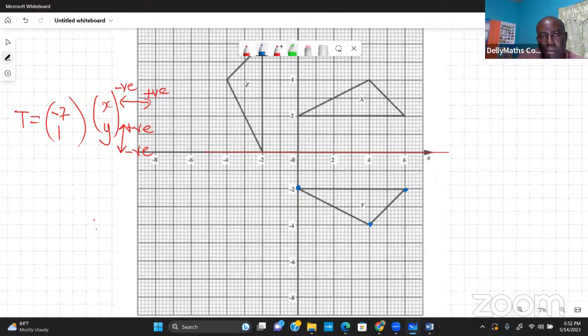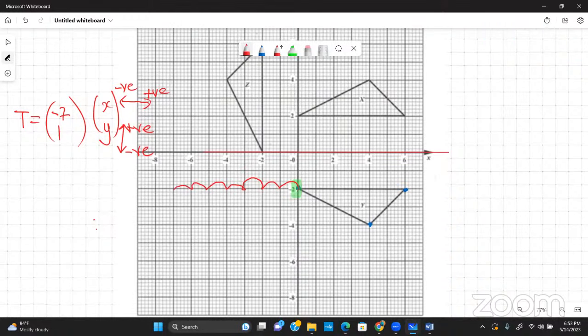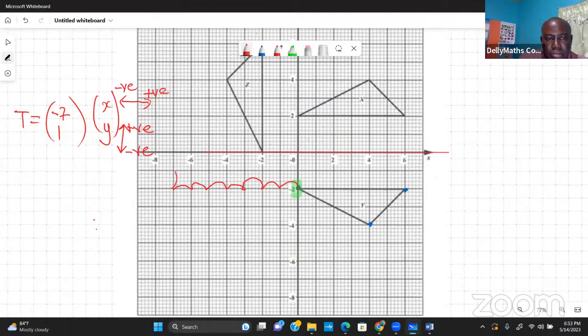We're going to be moving this one right there. -7 suggests I'm going 7 places to the left. Count with me: 1, 2, 3, 4, 5, 6, 7 places to the left. And then +1 means I'm going 1 up. So this is my new location right here.